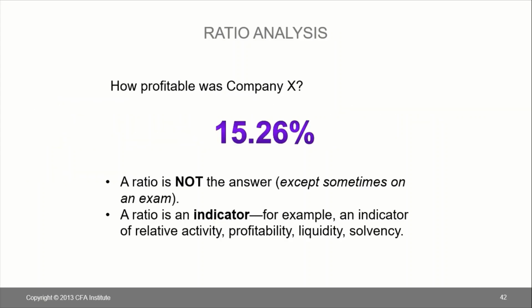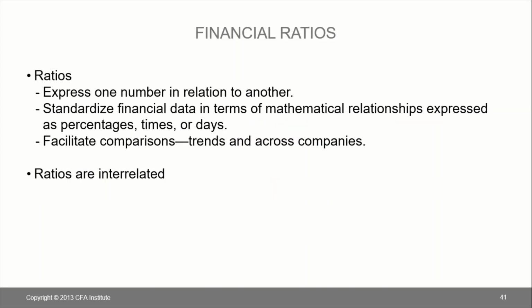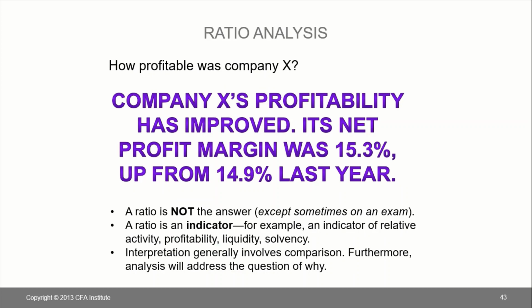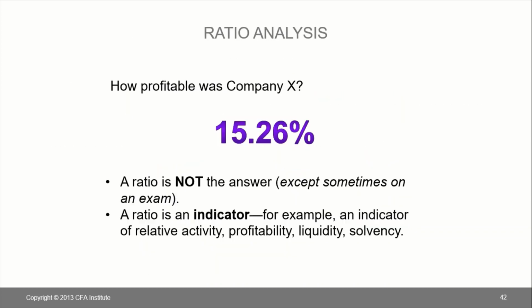Okay. So, the common questions, no, that we can derive from computing financial ratios is this one, no? How profitable was company X? This is just an example. How profitable was company X? So the ratio is not the answer, you know, except sometimes on an exam.